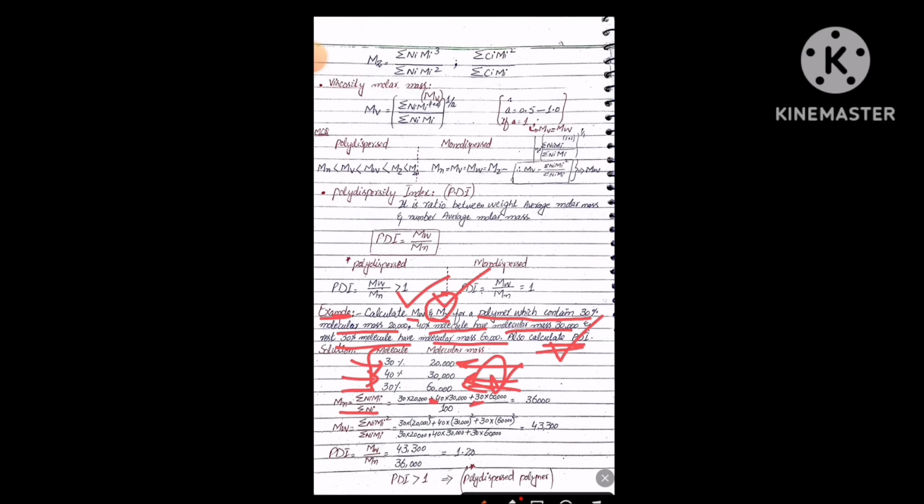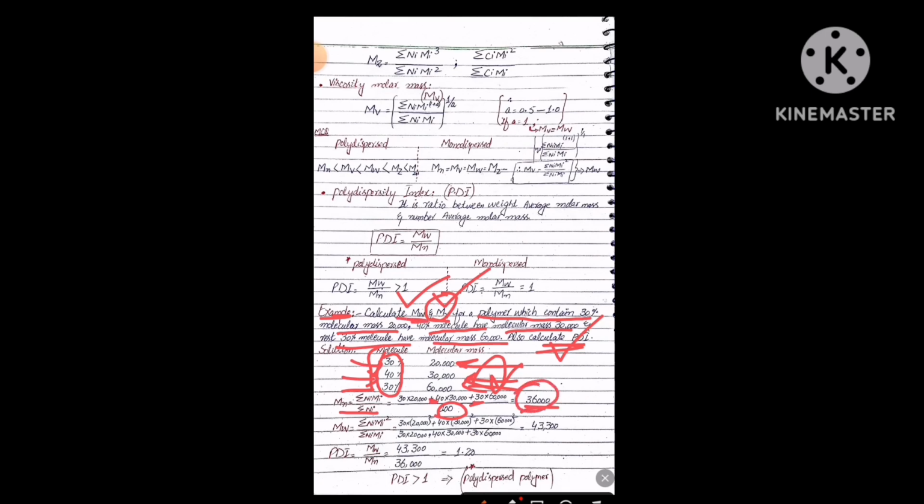When we solve it and divide by 100, what is 100? 100 is the sum of Ni, adding 30, 40 and 30, and the answer is 36,000. This is Mn.